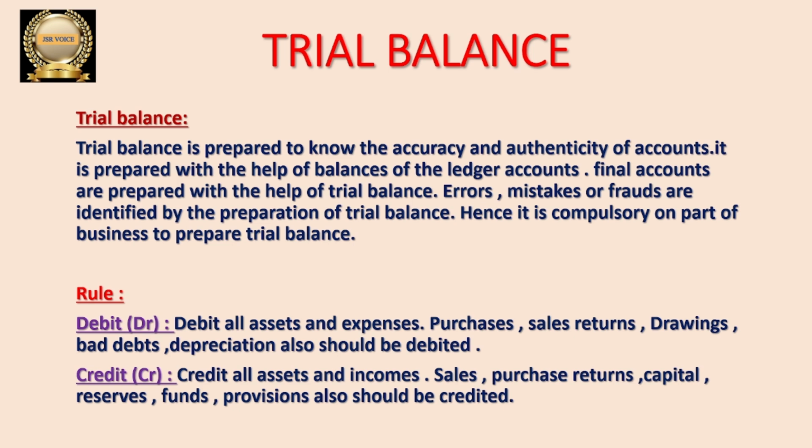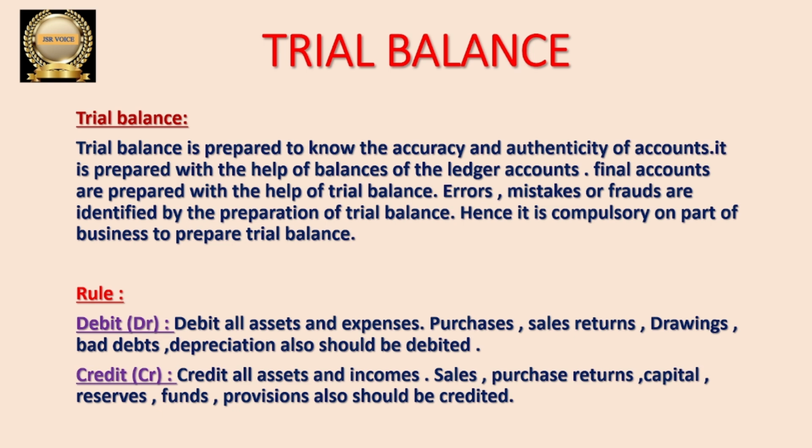What are those items? Purchases. You can see the debit rule. I am continuing that. Purchases, sales returns, drawings, bad debts, depreciation also should be debited. So these are all the items we have to debit. Students, concentrate on the debit rule. What should we debit? We should debit all assets and all expenses also.